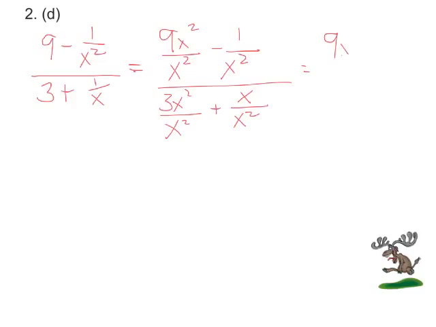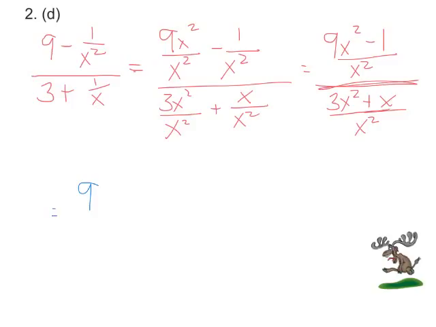Our numerator becomes 9x squared minus 1 all over x squared, and our denominator becomes 3x squared plus x all over x squared. If we use our trick of multiplying the numerator times the reciprocal of the denominator, the x squareds cancel out and we're left with 9x squared minus 1 over 3x squared plus x.